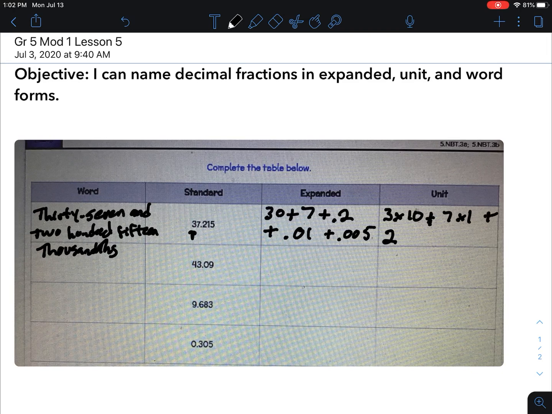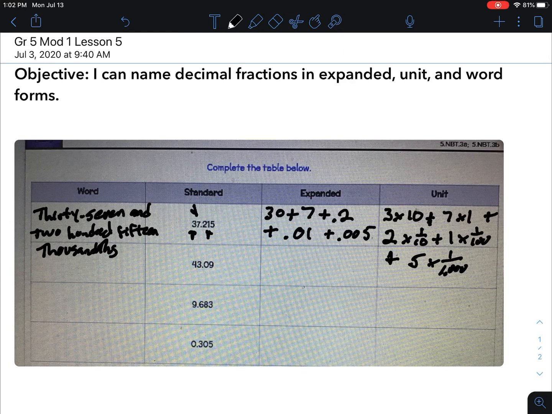plus, now we're getting to decimals, so it's a 2, you don't put a decimal point, 2 what? It's in the tenths place. So you write the fraction 1/10, 2 tenths, then you have 1/100th, so plus 1 times 1/100th plus 5 thousandths.